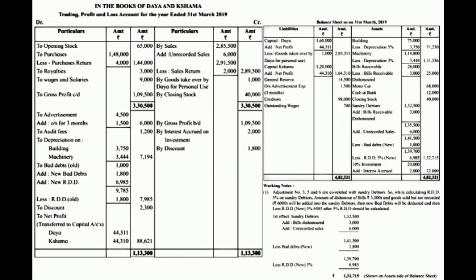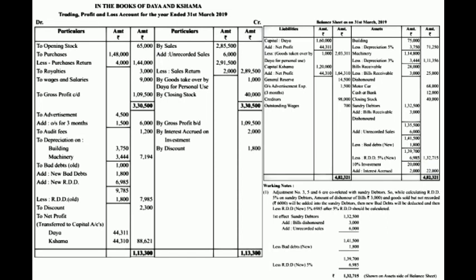So net capital 1,60,000 plus net profit 44,311 less 1000, total comes to 2,03,311. We have to write it in the outer column. Same way, Kasma net profit we have to transfer below the capital of Kasma. Kasma capital is 1,20,000. Below that we write add net profit 44,310. So total in the outer column is 1,64,310.